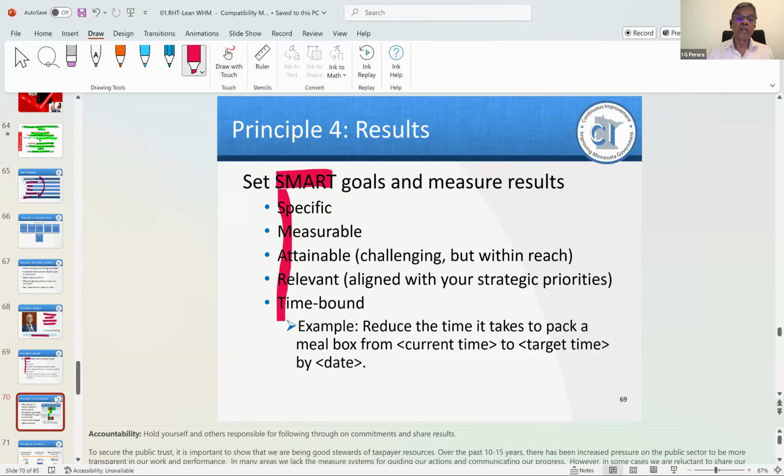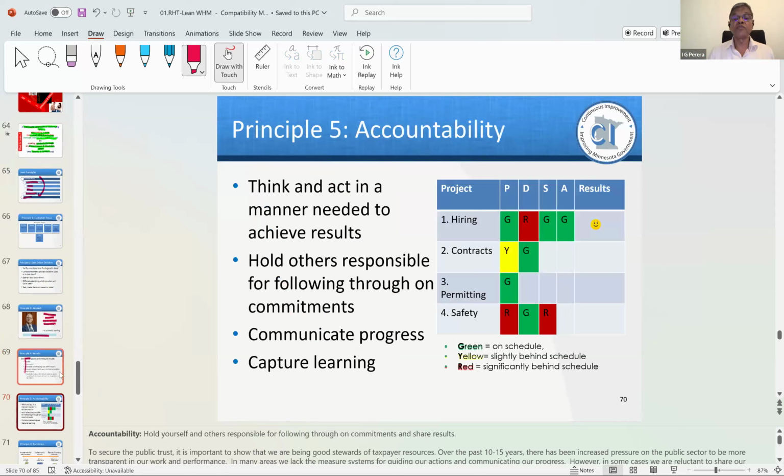Also, accountability. This is very important. That is why these kinds of charts, VUCA charts, are very important in organizations. Exactly, then in terms of hiring for the project, you can see these people are responsible.